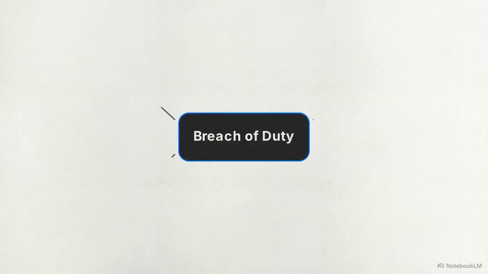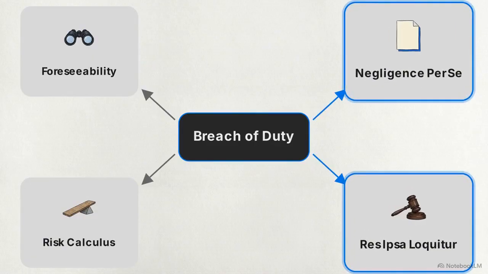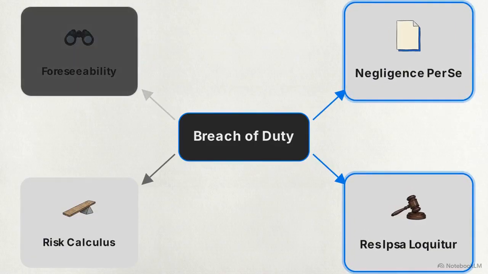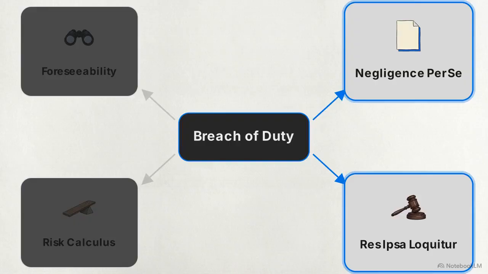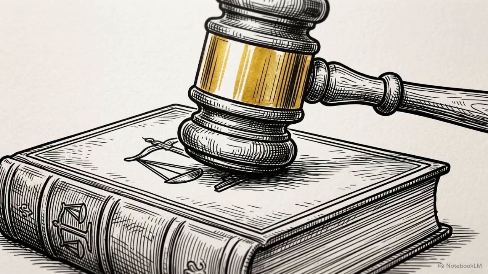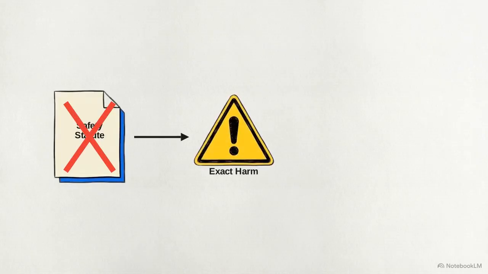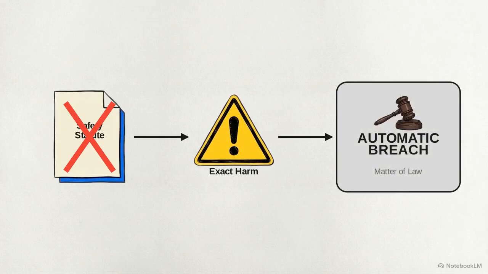Return to the master conceptual map to address situations where the law bypasses the need to calculate individual foreseeability or algebraic burdens. Negligence per se applies when a legislature has codified a safety statute. In these cases, the law adopts that statute as the definitive standard of care. Violating the statute and causing the exact harm it was meant to prevent establishes a breach as a matter of law.